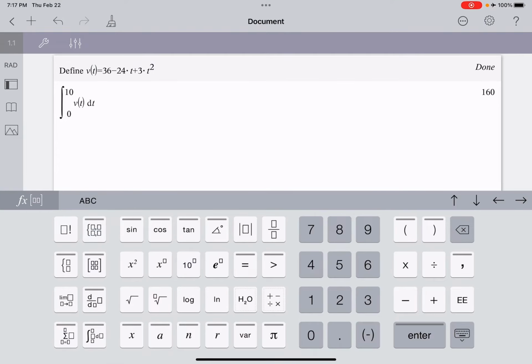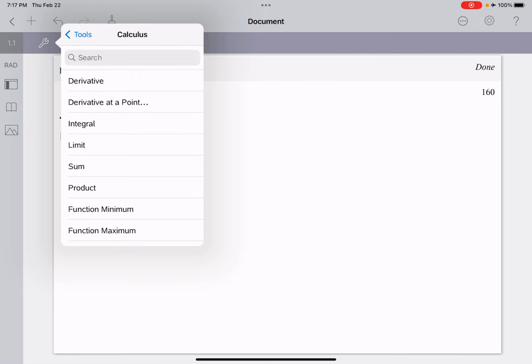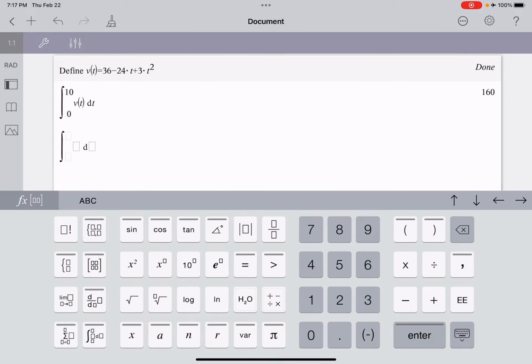So let me try this again, guys. Menu 43. All right, so an integral from 0 up to 10. And now what we need is the absolute value of v of t. I've got an absolute value button right there. You guys might have to look a little harder to get to that. I always like to just type in ABS when I'm using my calculator.